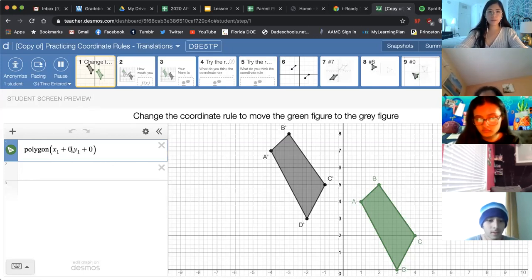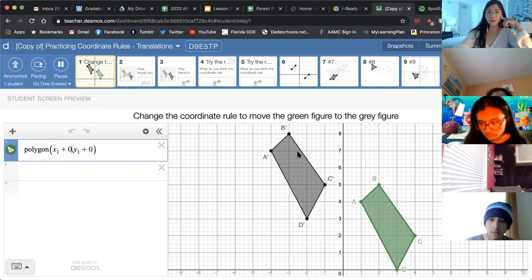Click back on Zoom so you can see what I'm doing. It says change the coordinate rule to move the green figure to the gray figure. So I'm going from green to gray. Make sure you read it carefully.